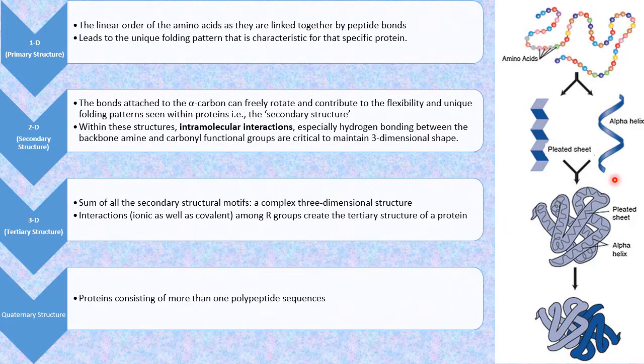In our previous videos, we have seen how the polypeptide sequence acquires the secondary structure, that is the alpha helix and the pleated sheet structure, by means of hydrogen bonding between the carbonyl oxygen and the amine hydrogen of the backbone. And this compaction is not enough.